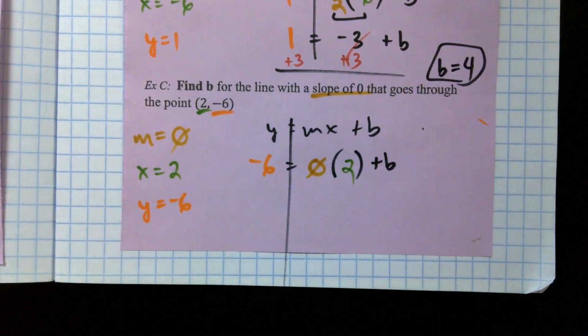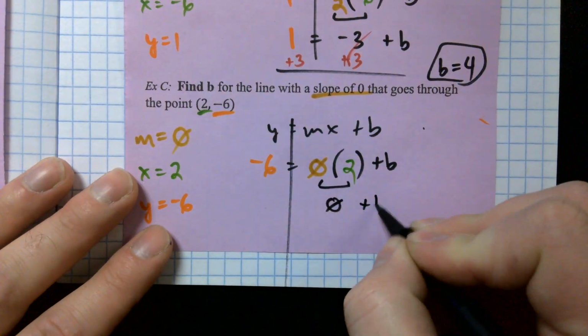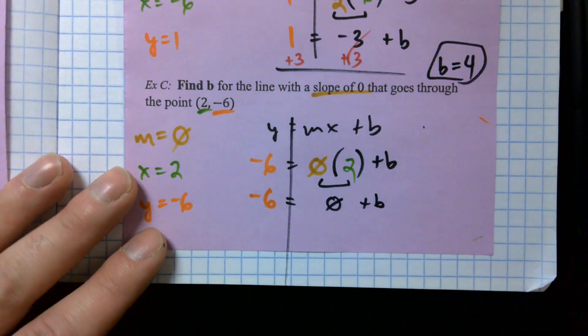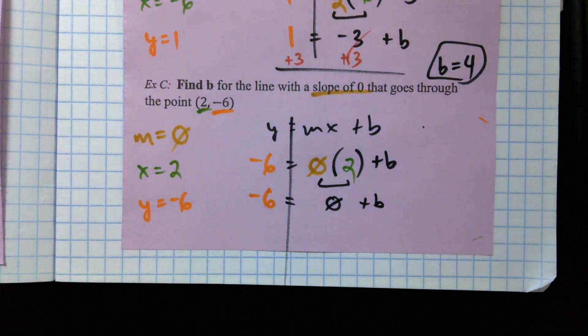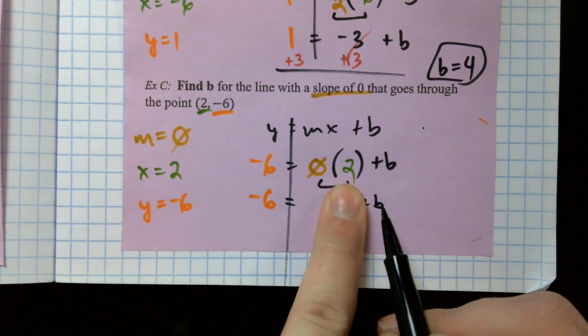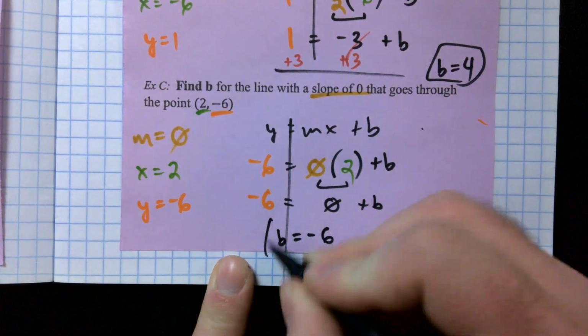Well, what's 0 times 2? Or I guess 0 times anything just gives me 0. Now, do I need to subtract 0 or add 0 to both sides? Would that change anything? No. So 0 I can just get rid of. And what I'm left with is b equals -6.